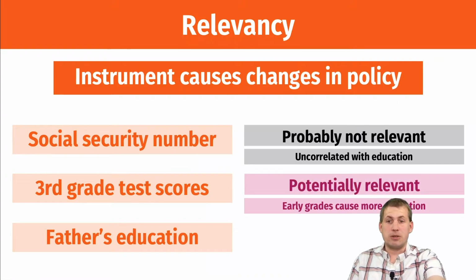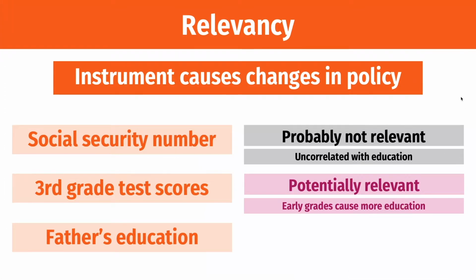Third grade test scores could potentially cause more education. If you get good grades in third grade, then you're probably going to get higher grades in high school and then higher grades in college and probably get more education. And so that meets the relevancy criterion there, where early grades cause more education.